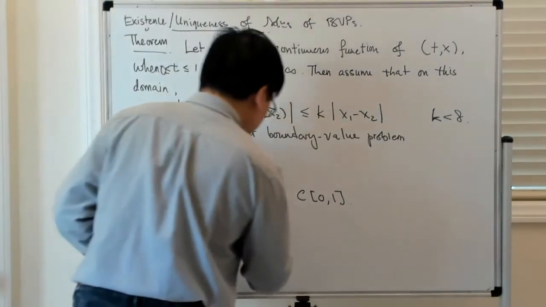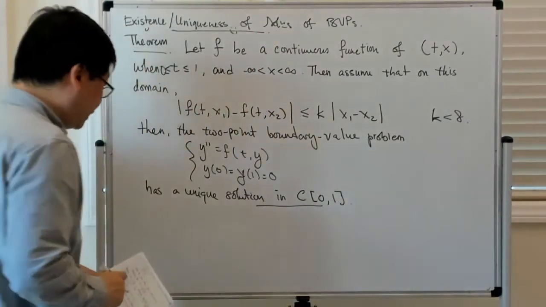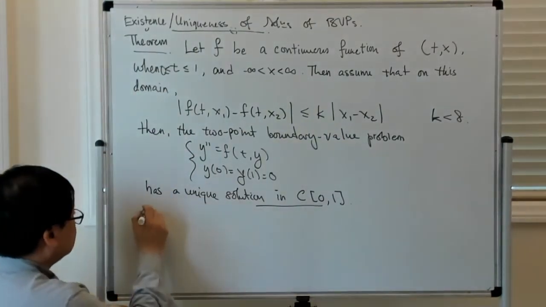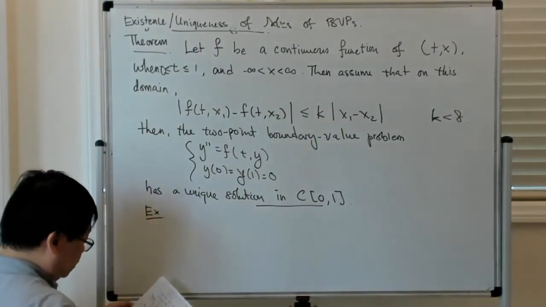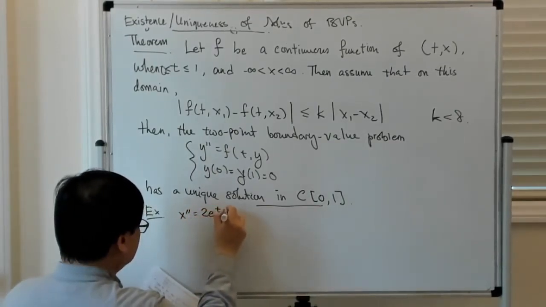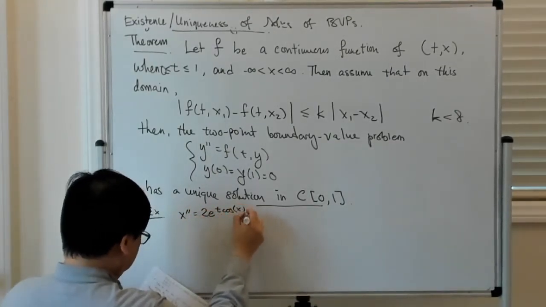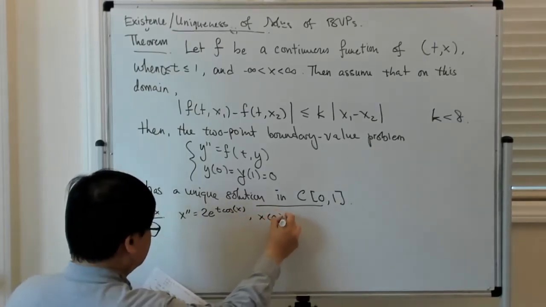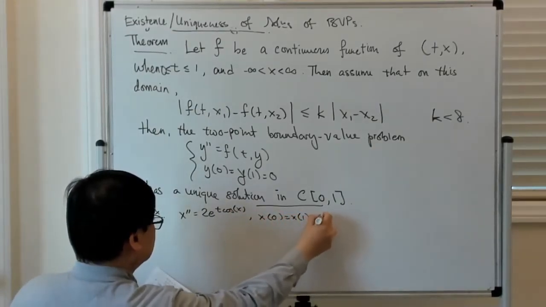So let's try to see an example of applying it in practice. As an example, x double prime is equal to 2e to the t cosine x, with x of 0 equal to x of 1 equal to 0.